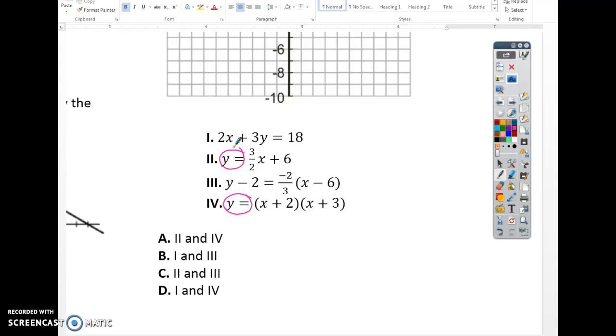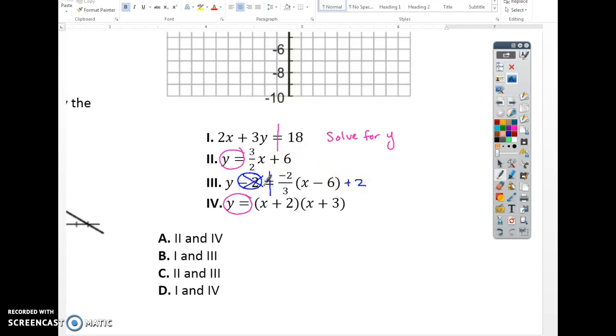But the ones that are not ready are like letter I, where you have to solve for y. And you guys know how to do that one. And then Roman numeral 3 also, you have to solve for y. Except this one's easier because all you have to do is move that -2 over and make it a +2.